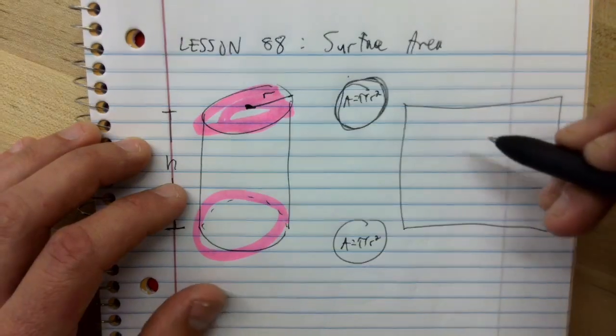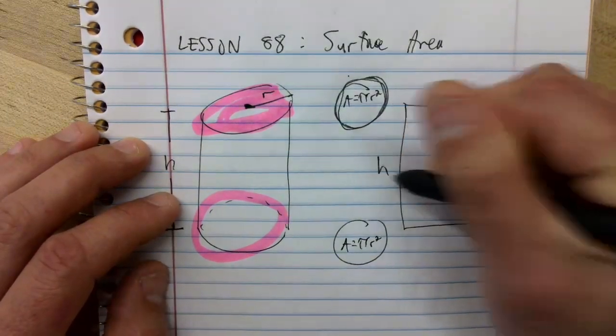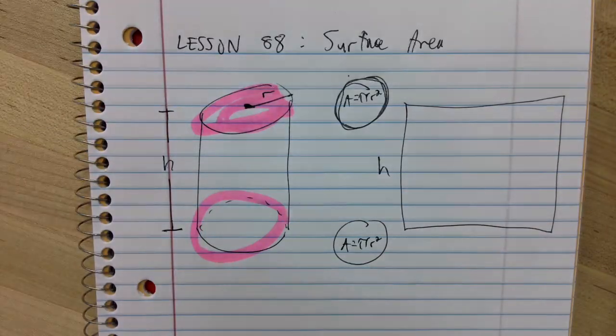The rectangle. Now, Cole was the one who said, yeah, that's a rectangle. It has a height, but how long is it? And for that, you have to think, how does the rectangle become the wrap of a cylinder? What does it do? It bends into what form? A circle.